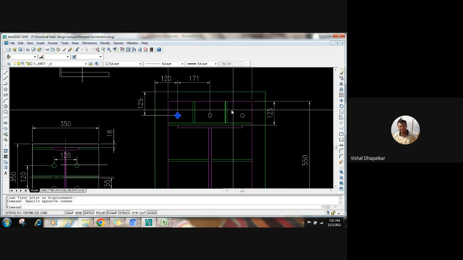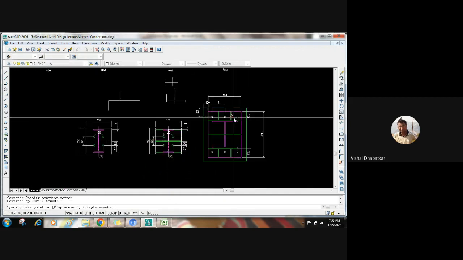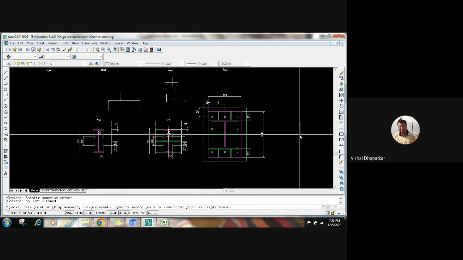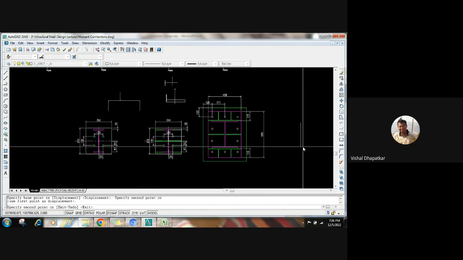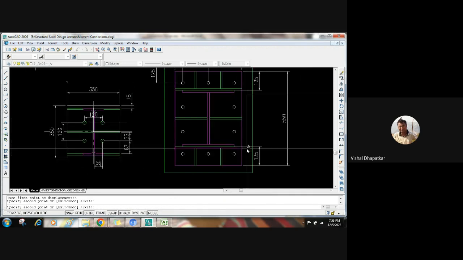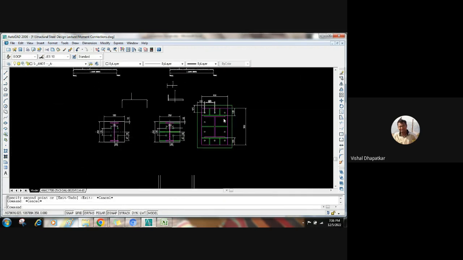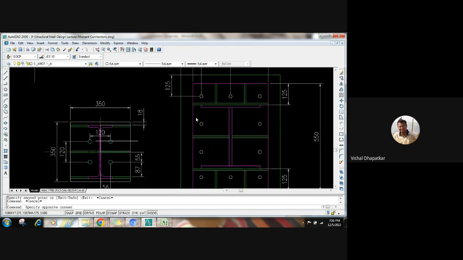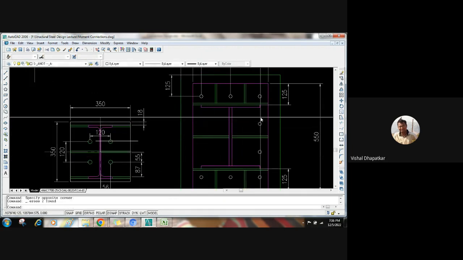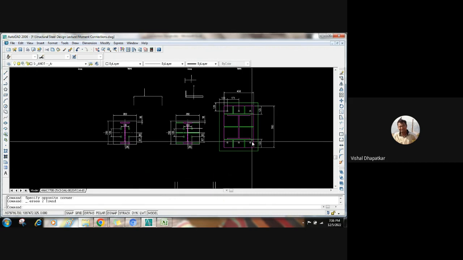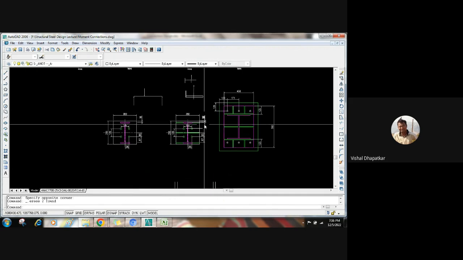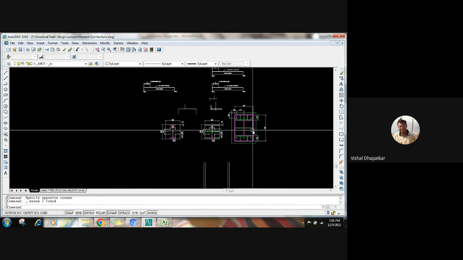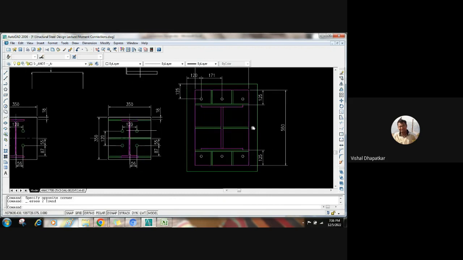So this will be fixed from all the sides. But in this case, it is a uniaxial bending, only bending in this direction, and in this direction it will be a pin type connection.